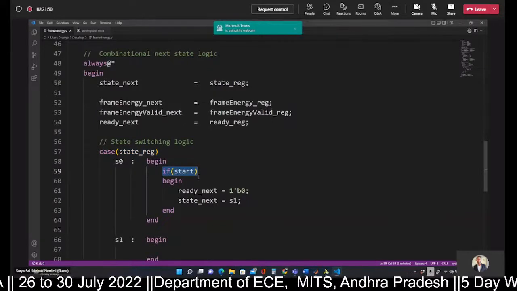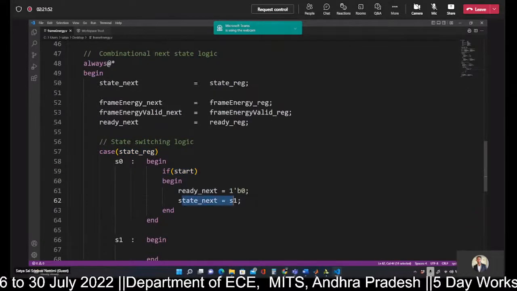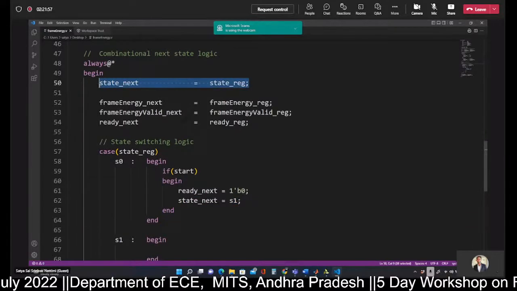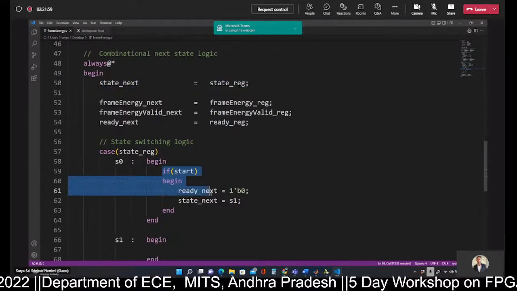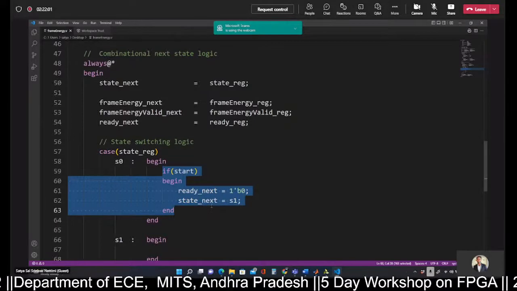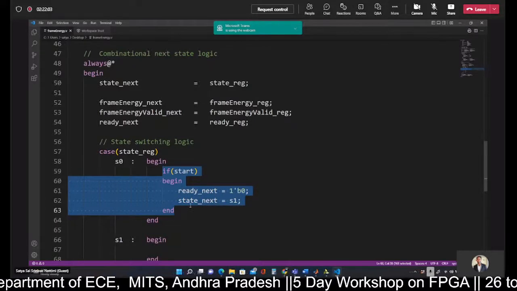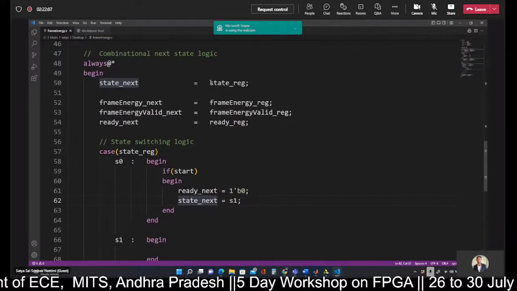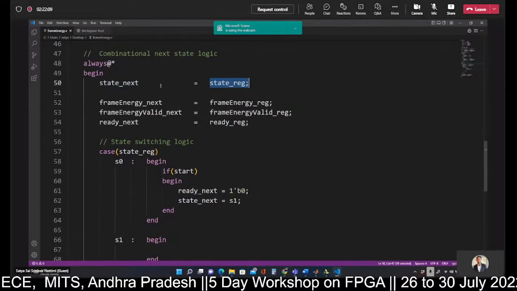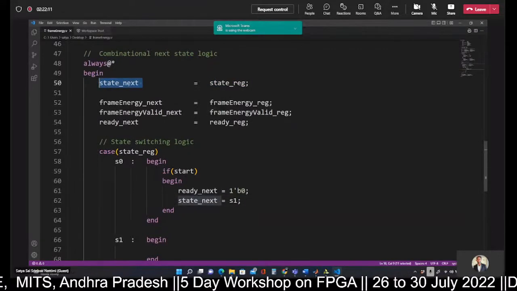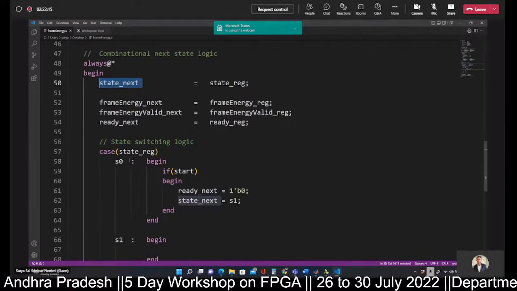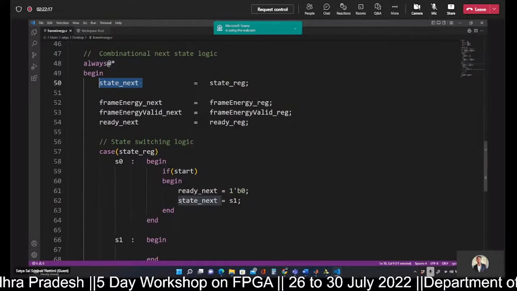So if start comes, state next will be S1. If start is 0, the operations of this block will not be performed. And since there is no else part, whatever the state reg is will go to state next. That means state next equal to S0 itself. On arrival of a clock edge, again the FSM remains in S0.